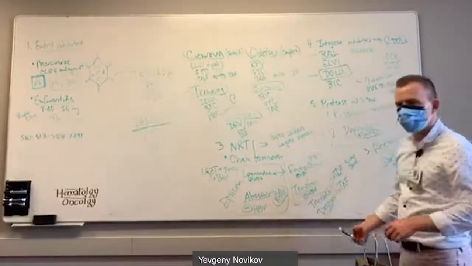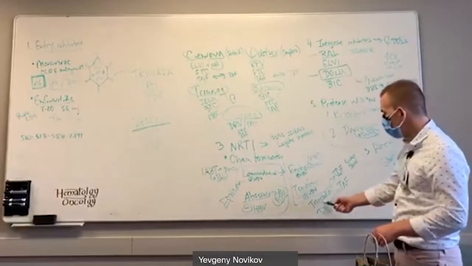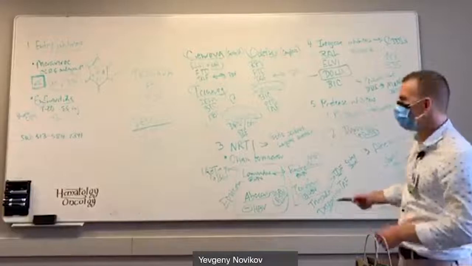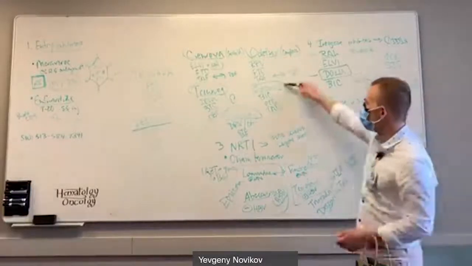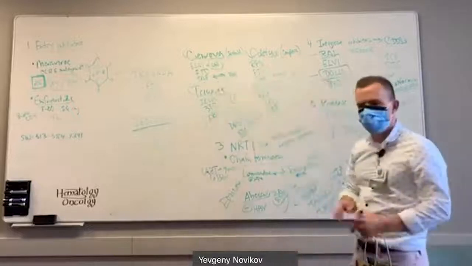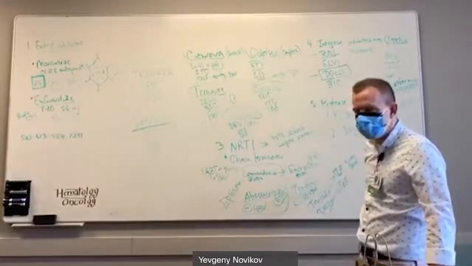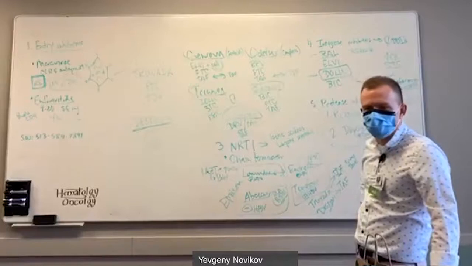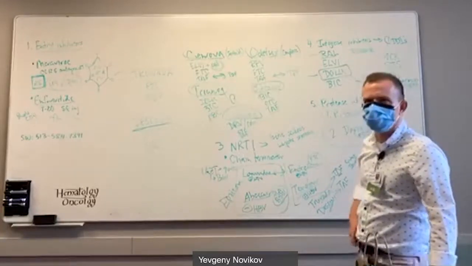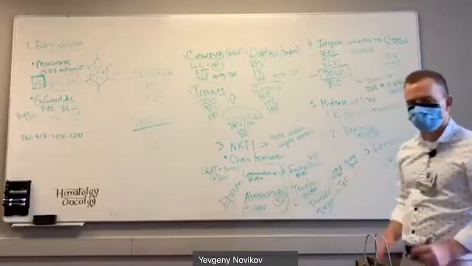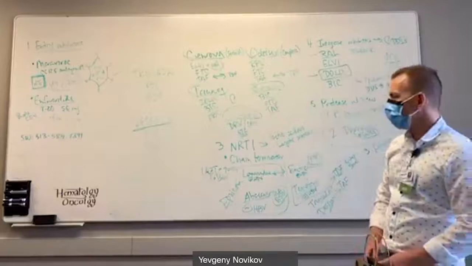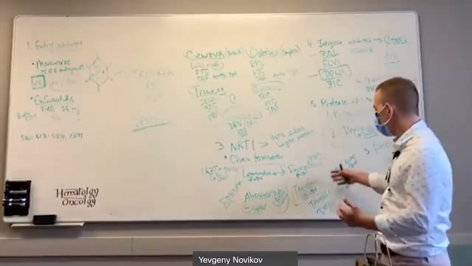Descovy is not well studied in women currently, so most people have you on Truvada if you're pregnant plus another agent. But you see all the newer agents actually have tenofovir alafenamide. And our patients who are undetectable already going into pregnancy just stay on whatever they're on. But if you get a new diagnosis of HIV during pregnancy, you probably want to start the older version, TDF, just because it's better studied. Even though there's some concern about babies and bones.